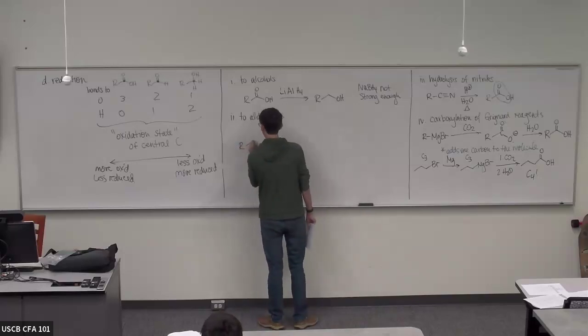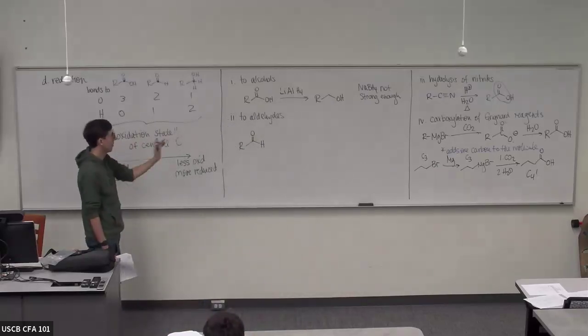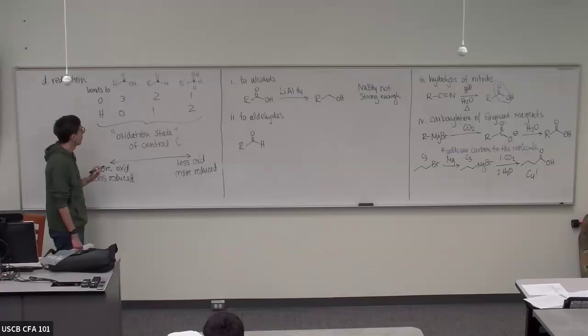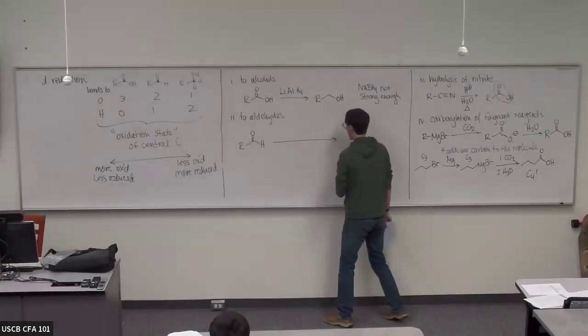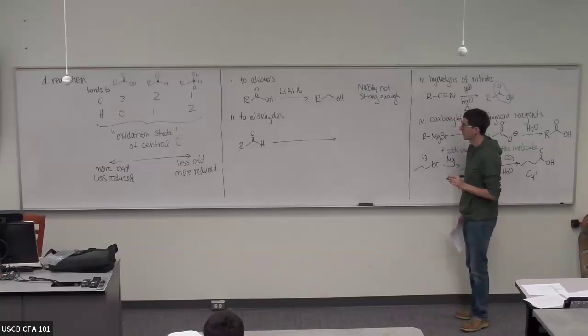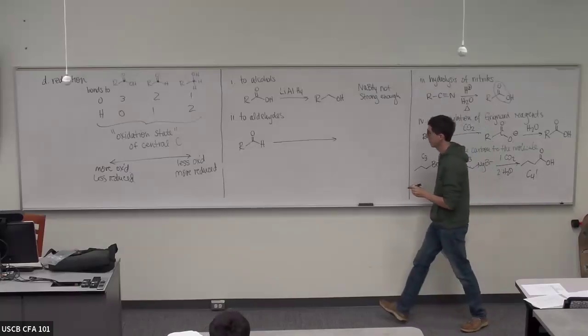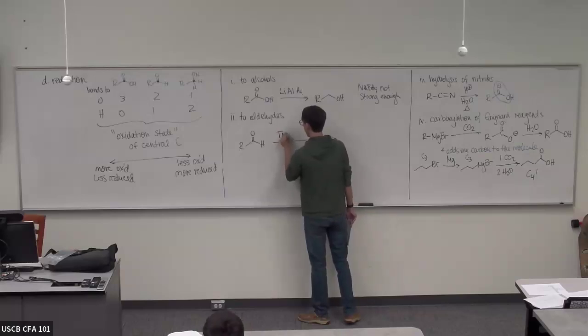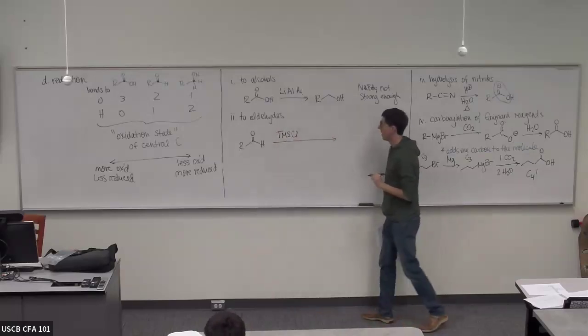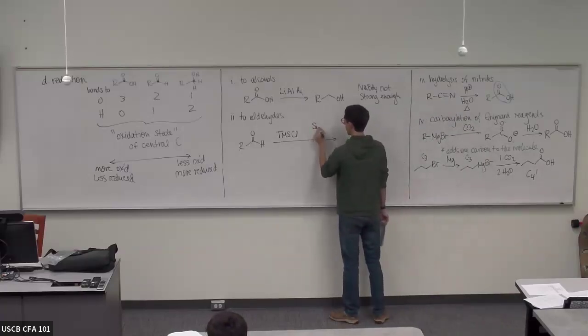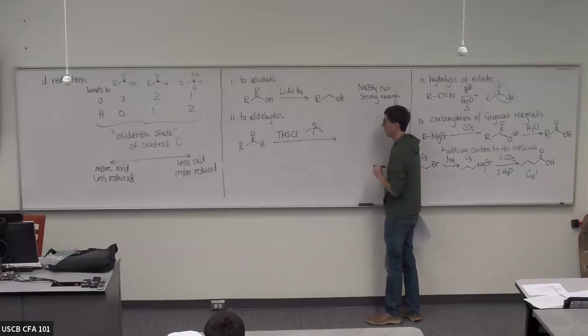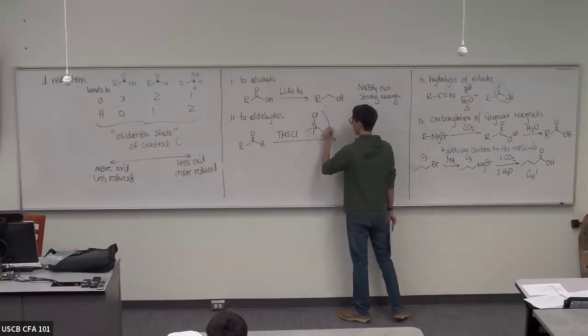For aldehydes, we can't just blast it with lithium aluminum hydride. So we need a milder reagent, and that's going to require some more nuanced chemicals. First is TMS chloride, which is trimethylsilyl chloride. So that's a silicon atom with 3 methyl groups and a chlorine.